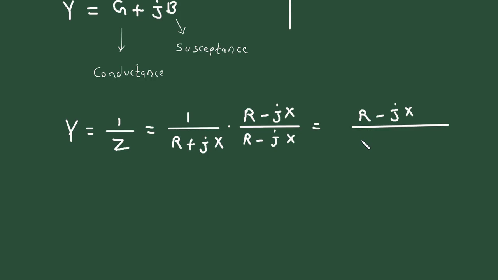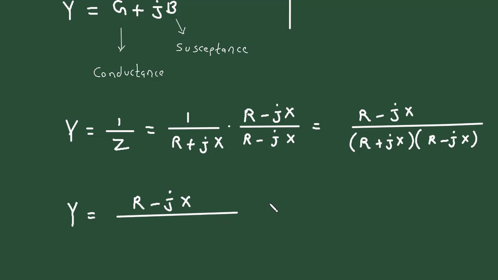So admittance Y is equal to R minus jX divided by R square minus j square X square.